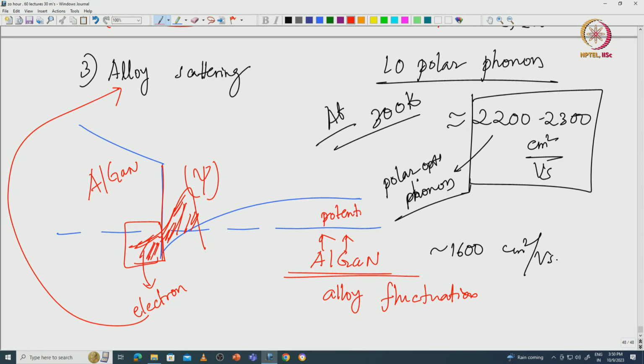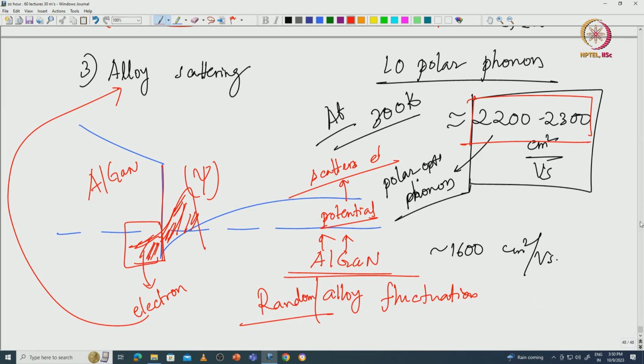An atomic fluctuation of the alloy sets up a potential, because it is not a binary compound, it is a random alloy. Because of this random alloy, you have a potential that is set up that will also scatter electrons, okay, and this results in alloy scattering, and that is the reason why people were not able to get up to this high mobility.